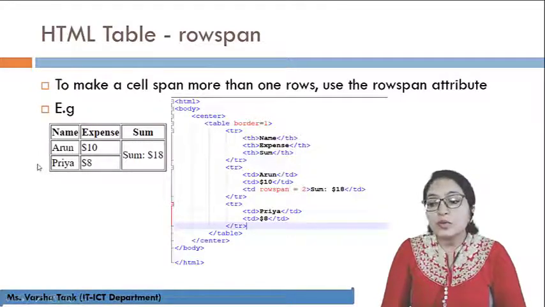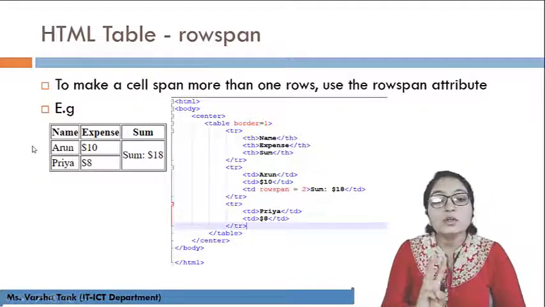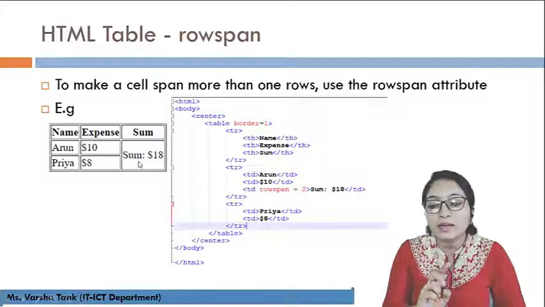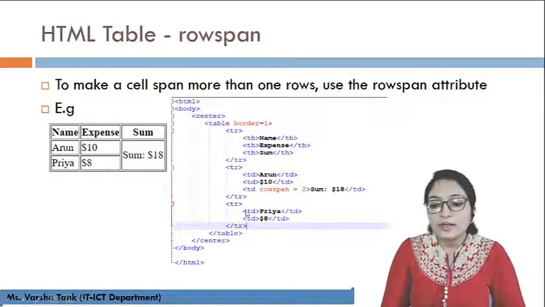So whenever you define this third row, you just have to define table data two times, not three times, because the third table data is already occupied. That's why, here tr, td Priya, td, td $8, td. Now the third td is not there because it is already merged. Got it? Okay, so let's see the output of this in the practical.